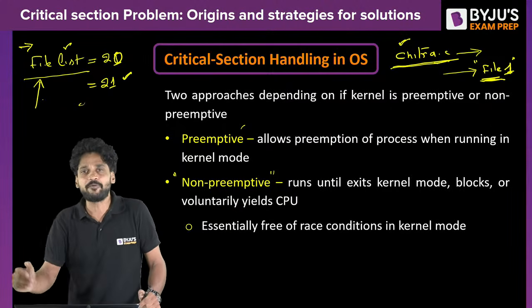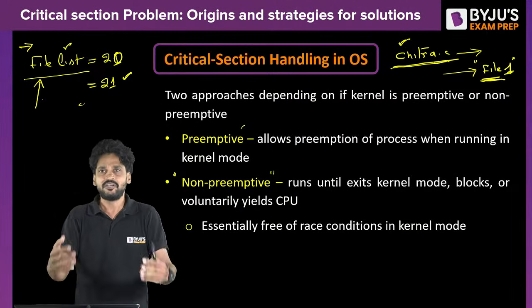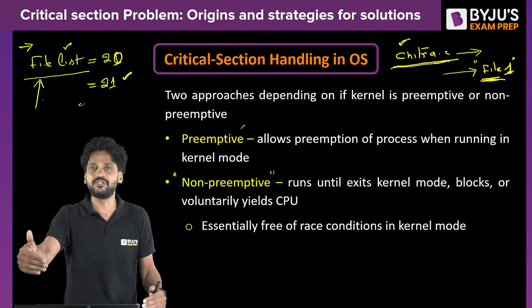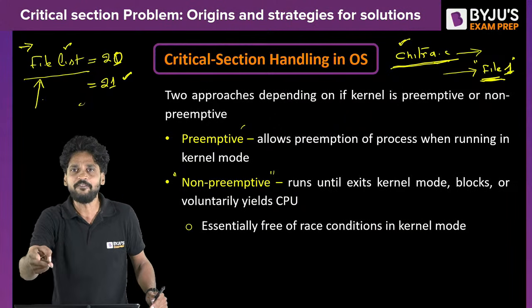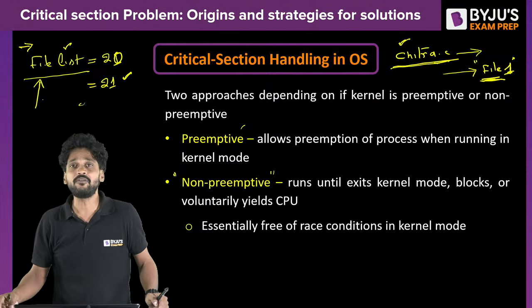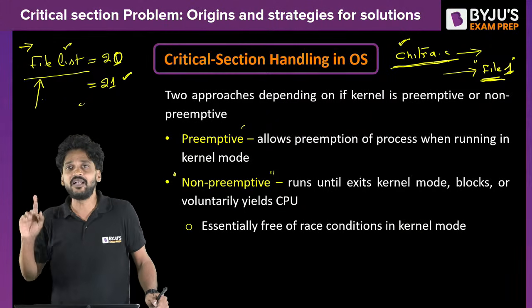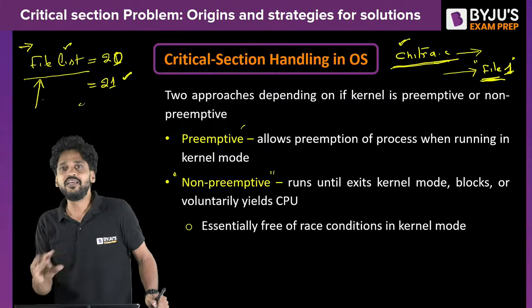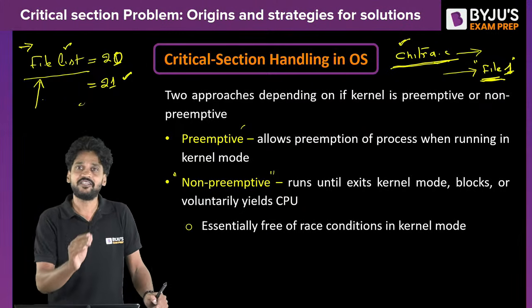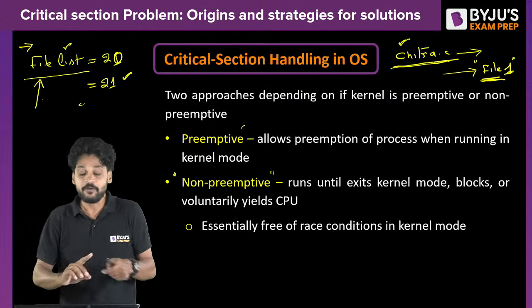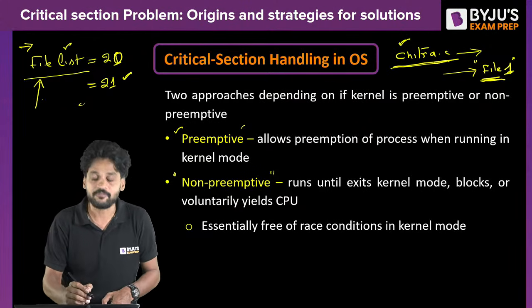So any random process during execution may enter into the kernel mode and spend too much time there, before which it cannot be preempted at all. Until and unless it relinquishes the kernel, it cannot be preempted. So understand that non-preemptive kernels are less responsive. Preemptive kernels are more responsive.